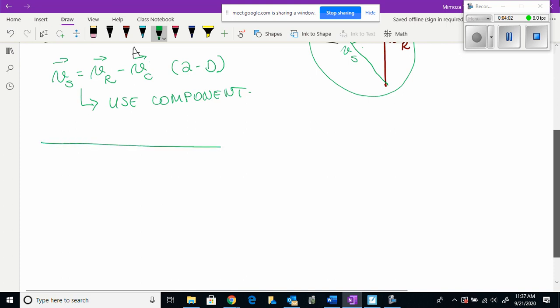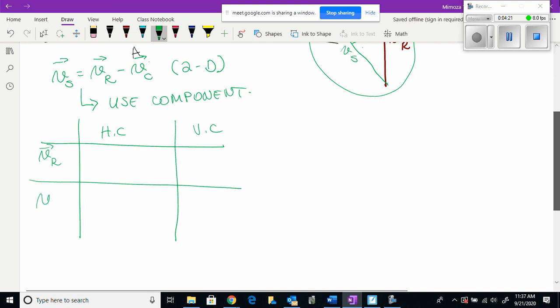So it is the same thing as we have done at any vector A, B, C, D prior to this. So this will be a horizontal component, a vertical component, and then here we have the resultant velocity, negative current velocity, and the velocity of the swimmer.